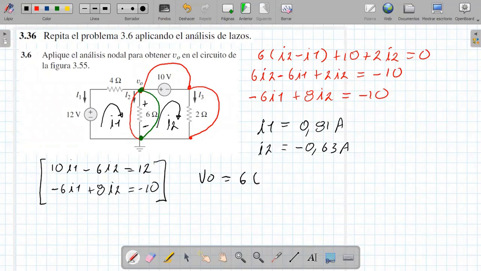Because the current I1, when we find it, has the same direction as the polarity of this resistance. Although if the polarity had suddenly been plus here and minus here, then we would have taken I2 minus I1.